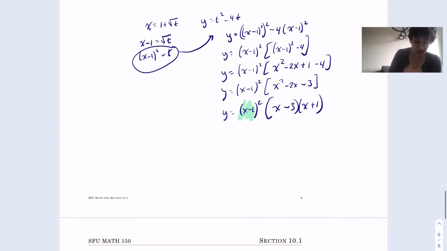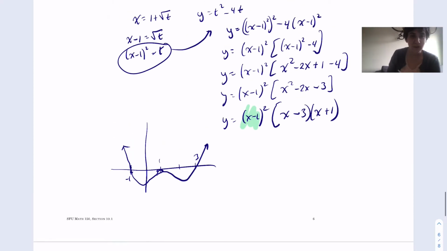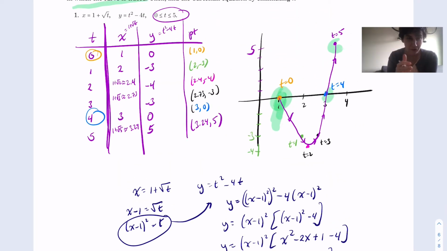We could use this information to say we have roots at negative 1 and 3. It looks vaguely like this, but that is just a curve. What we've drawn above is a parametric curve, a curve traced in a particular way.